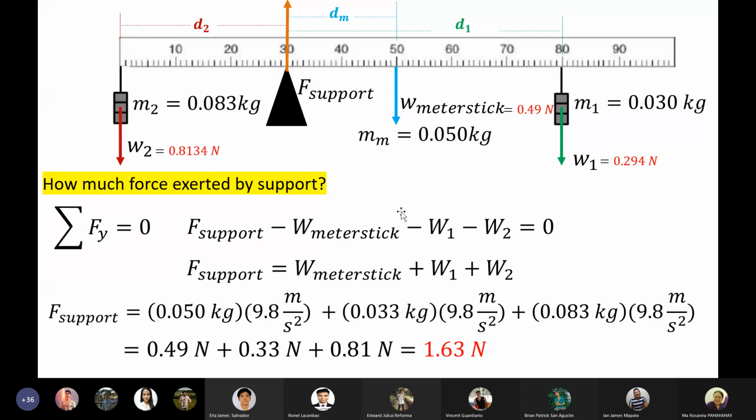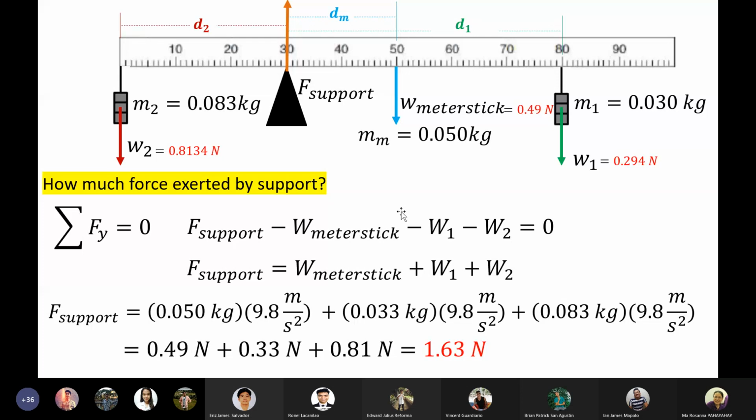So we have 4 forces. Because the mass of the meter stick is indicated here, we definitely have the weight 1, the hanging mass, the weight of the meter stick which is at the center, the force of support A, let's call that support A, and the force of support B. Now, in this problem, if we want to know the force of support A and support B, we cannot come up with the first condition of equilibrium right away. Why? Because if we use the first condition of equilibrium immediately, we have two unknown forces, which are FA and FB.